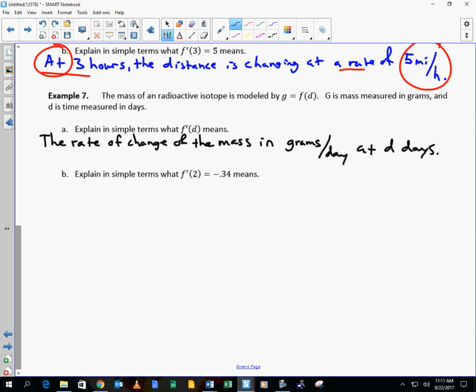You should have something to the nature of the rate of change of the mass in grams per day at D days. Somebody have something different that they want to try out?